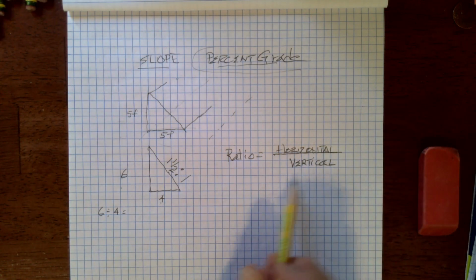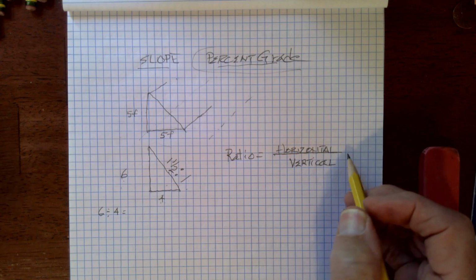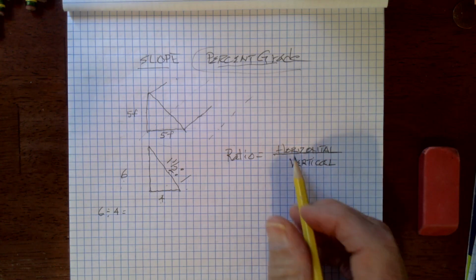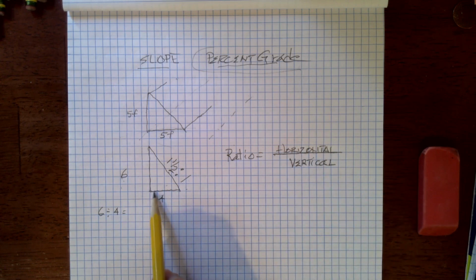So let's go back to this one we were playing with before that turns out to be a 1.5 to 1. So what did I do here? Let's just drop down and substitute the horizontal distance. That's the vertical, that's the horizontal.